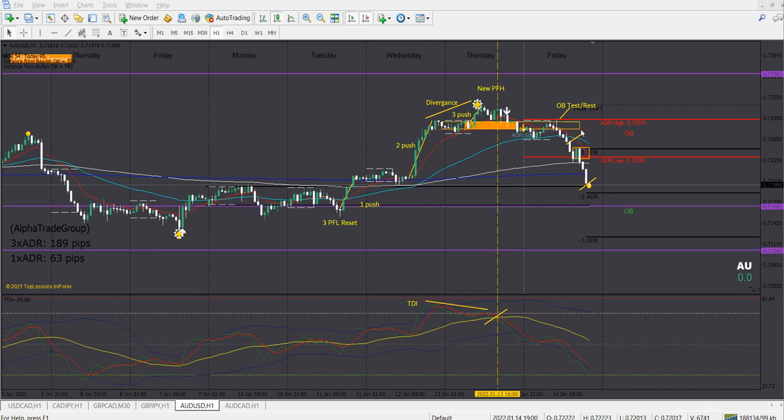The other thing I did on here is I drew the order block box. It's a tongue twister. This order block indicator also helps, but if it's easier for you to see it that way, you could totally draw this box yourself and then wait for price to come back and retest it.